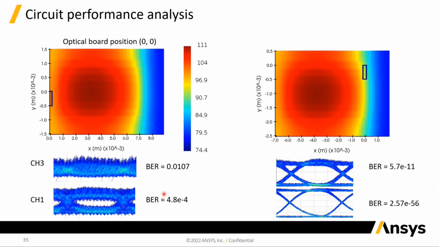On the right hand side, when we put it on the hottest area, we have a worse BER, the bit error rate, and the eye diagram is also worse. When we put it in this cooler region, we get a better eye diagram and a better bit error rate within the system.